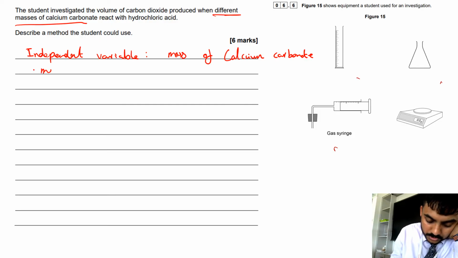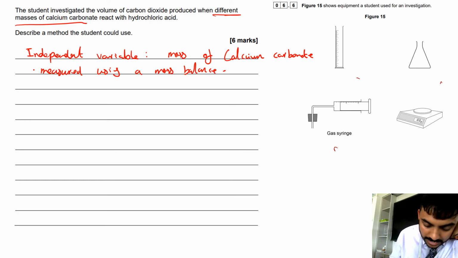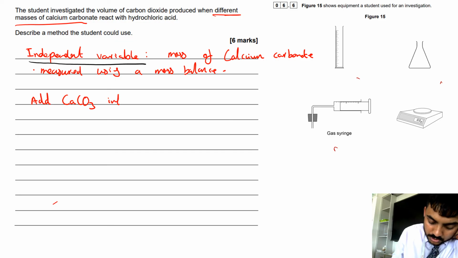We're going to measure it using a mass balance. And then what are we going to do to it? We're going to add calcium carbonate, which I'm going to write as CaCO3, into conical flask.